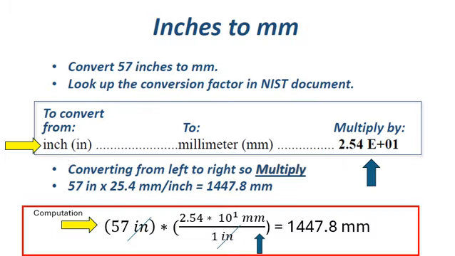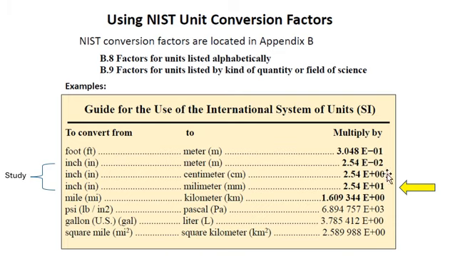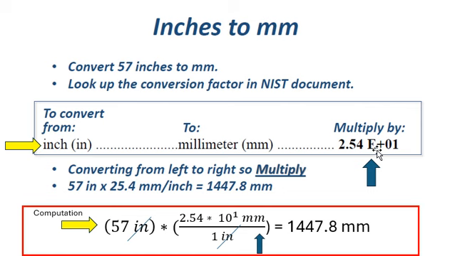And I'm going to show you here. So we will convert inch into millimeter. We go to our standard table and we get the multiply-by value, which is 2.54 E plus 01. Okay, so that's what we take from the table. And now we have to convert 57 inches to millimeters. Write that down, 57 inches.